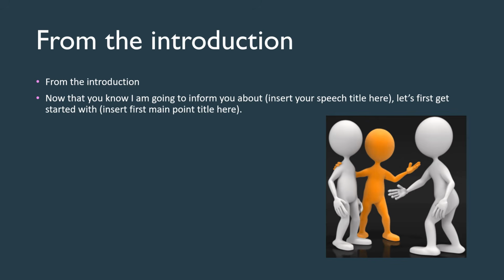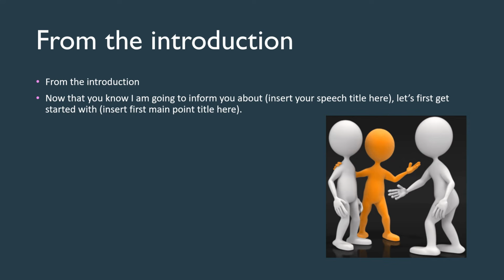And what this does is it allows your audience to know that you are done with the introduction portion of your speech, which is finished by your preview, and then it lets your audience know that you are getting ready to start your speech with your first main point.